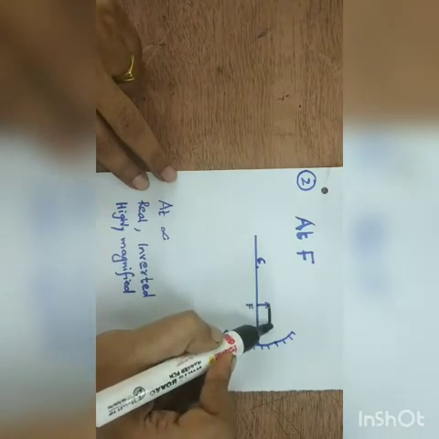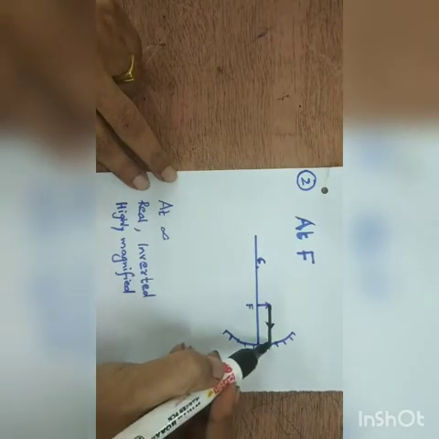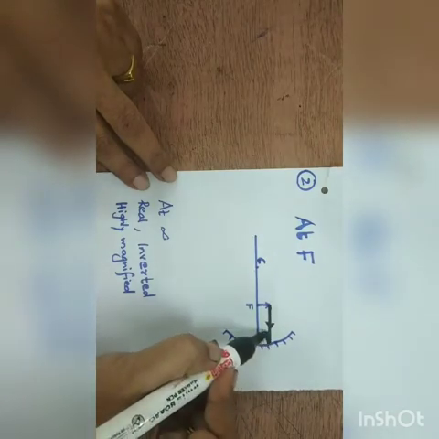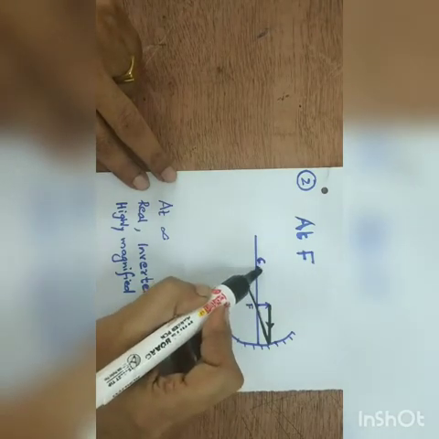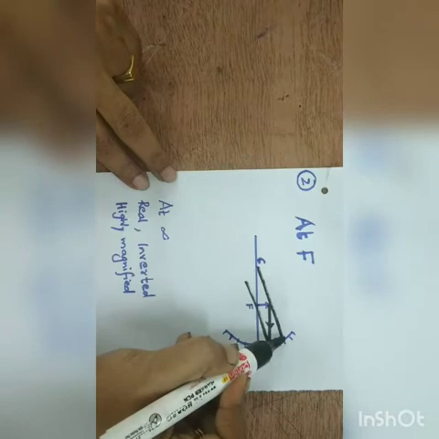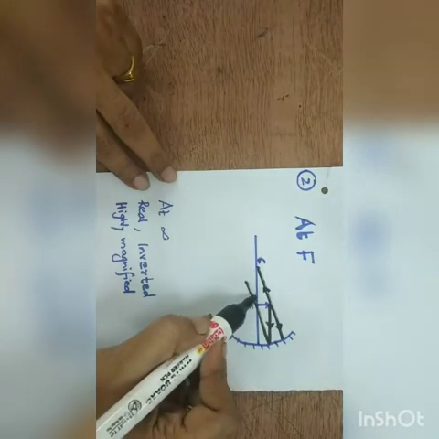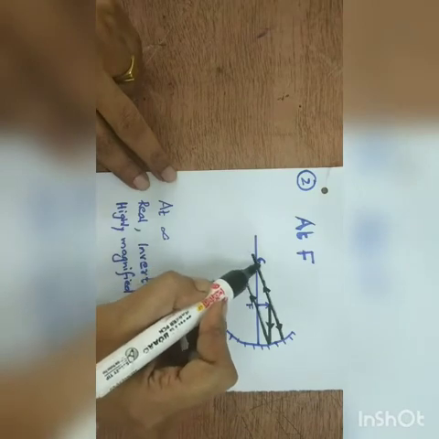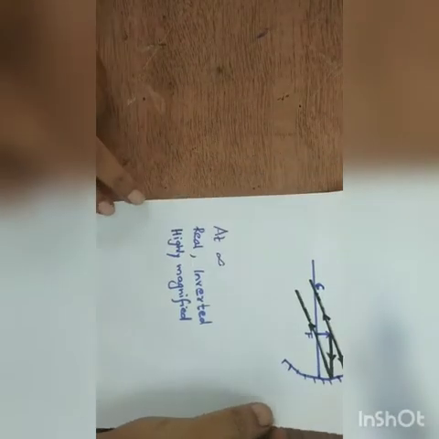To find the image, let's draw a ray of light passing parallel to the principal axis. After reflection, it passes through the focus. A ray of light passing through the center of curvature, after reflection, retraces its path. So you can see that these two rays are parallel. Where do two parallel rays meet?